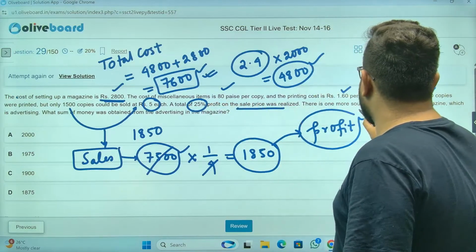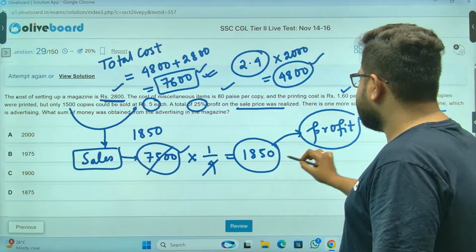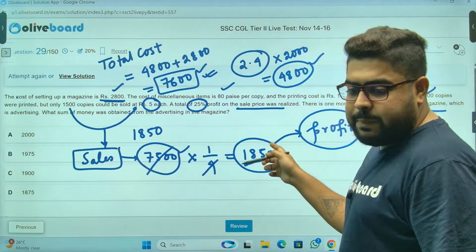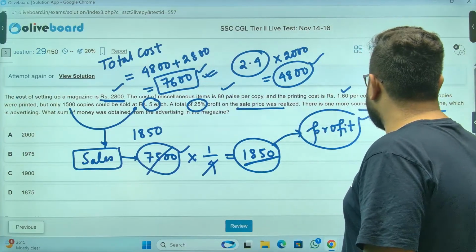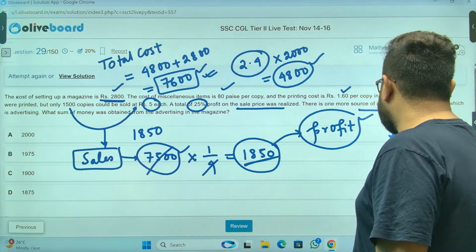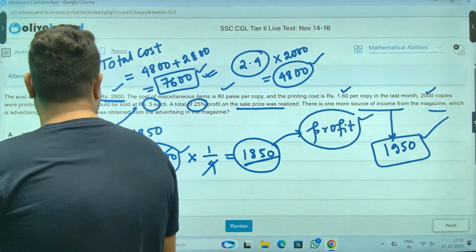Now, there is one more source of income, advertising. How much? Sir, this much I need profit plus I have to cover the 100 rupee loss. So advertising revenue will be, sir, 1850 plus 100, that is 1950 rupees, which is not there.